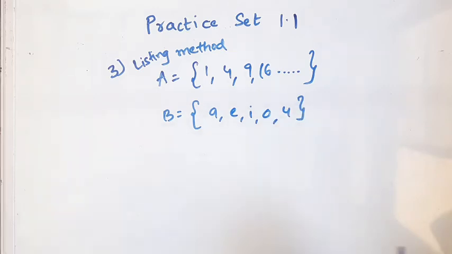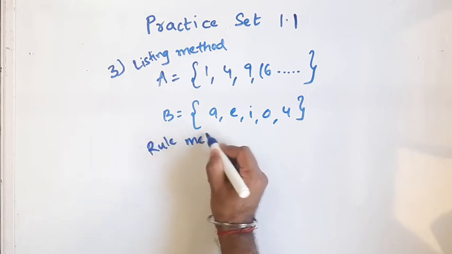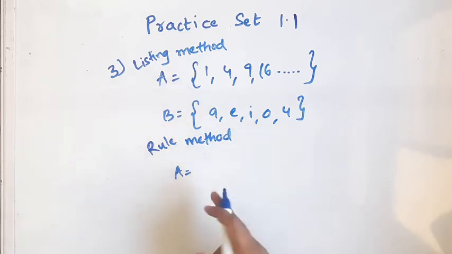What is this set? This set is made up of vowels. So it is X such that X is a vowel of English alphabets. So I have written two sets in listing method and I have to write for rule method. Rule method means I have to write it in words. So let us say I'll write the same sets but in rule method, or I can say set builder form.